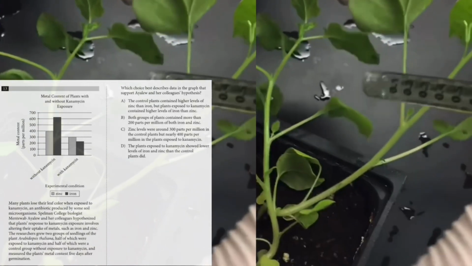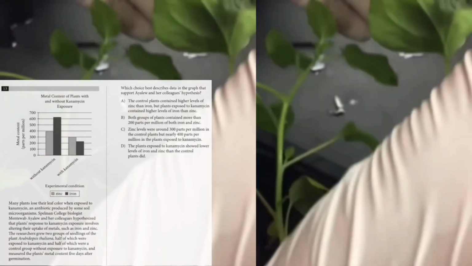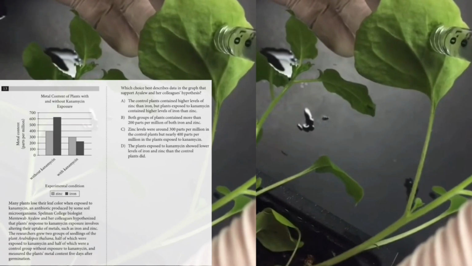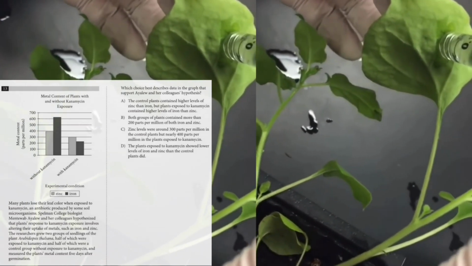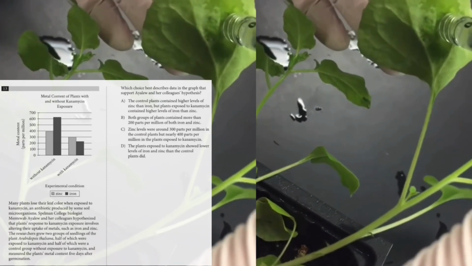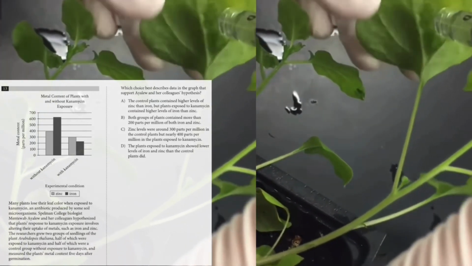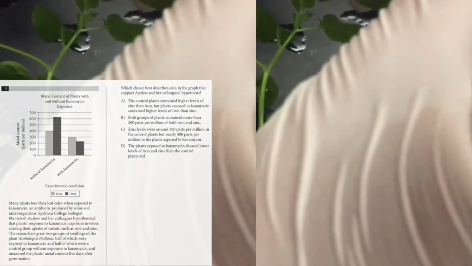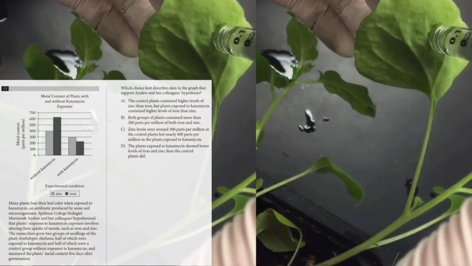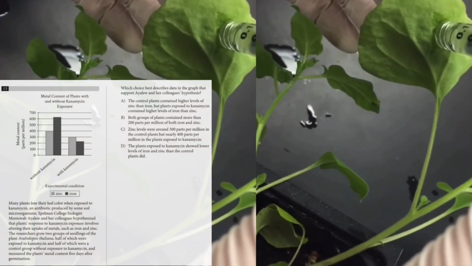The researchers grew two groups of seedlings of the plant Arabidopsis thaliana, half of which were exposed to kanamycin and half of which were a control group without exposure to kanamycin, and measured the plant's metal content 5 days after germination. Which choice best describes data in the graph that support Ayalew and her colleagues' hypothesis?